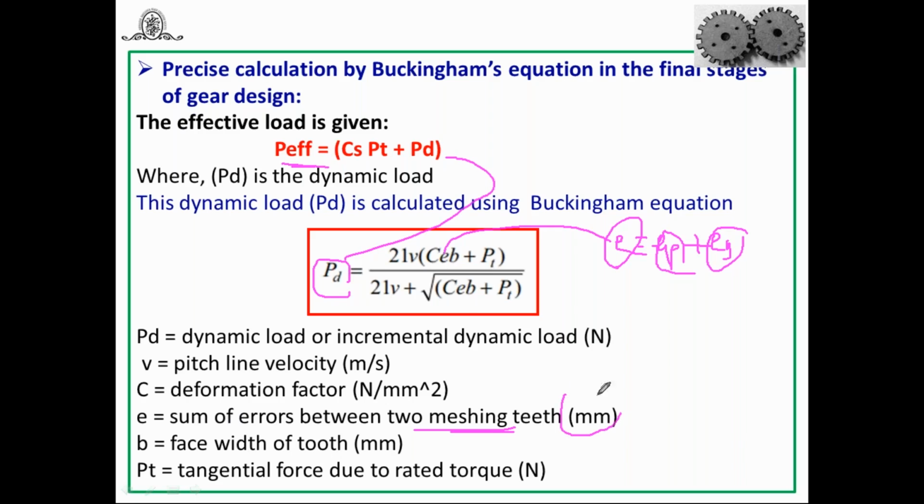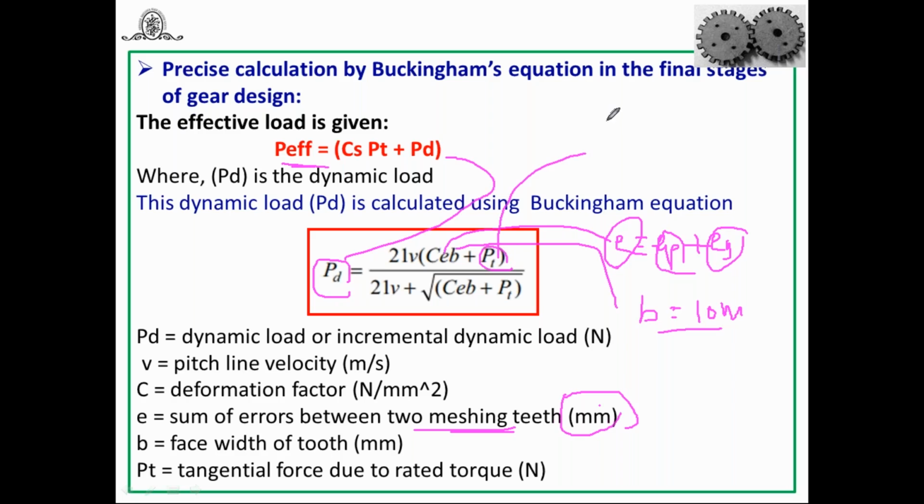But in the PD relation, this sum of the errors is in mm. Then small b, you know very well, is the face width, again in mm. If it's not given, yesterday I told you to assume it as 10 times the module, or in between, with an optimum range of 8 module up to 12 module. And then what is PT? Tangential force.